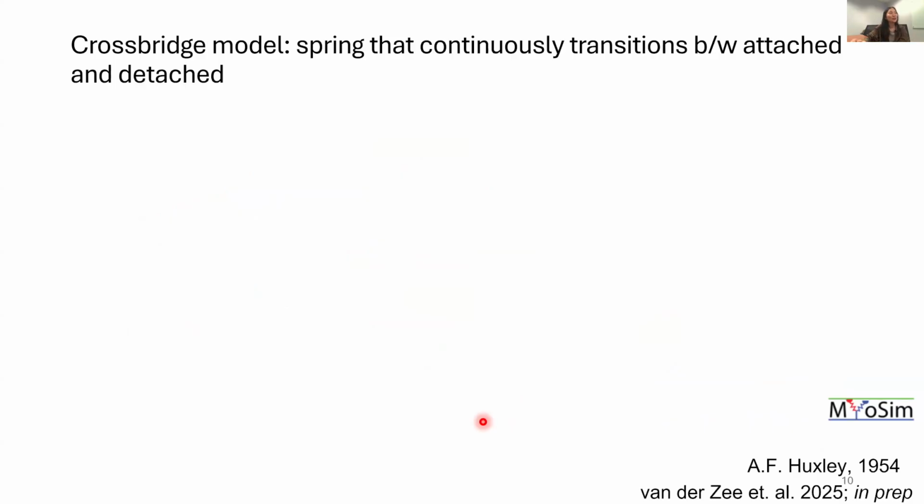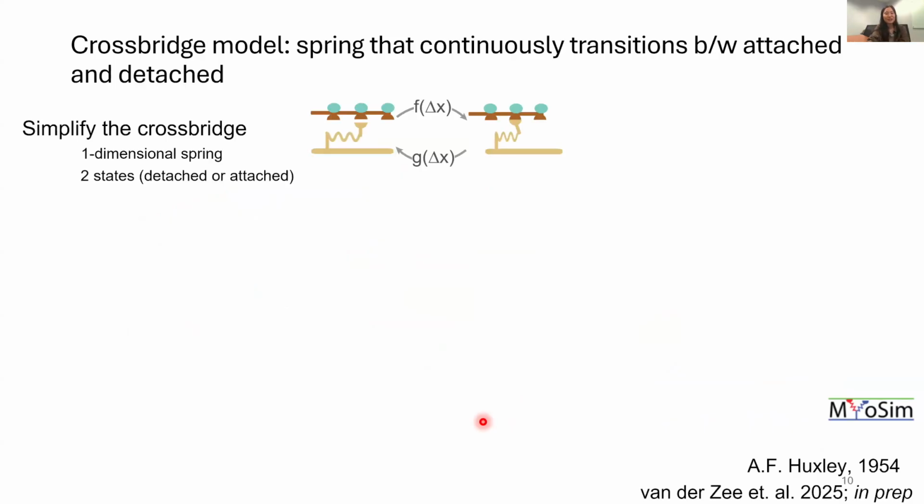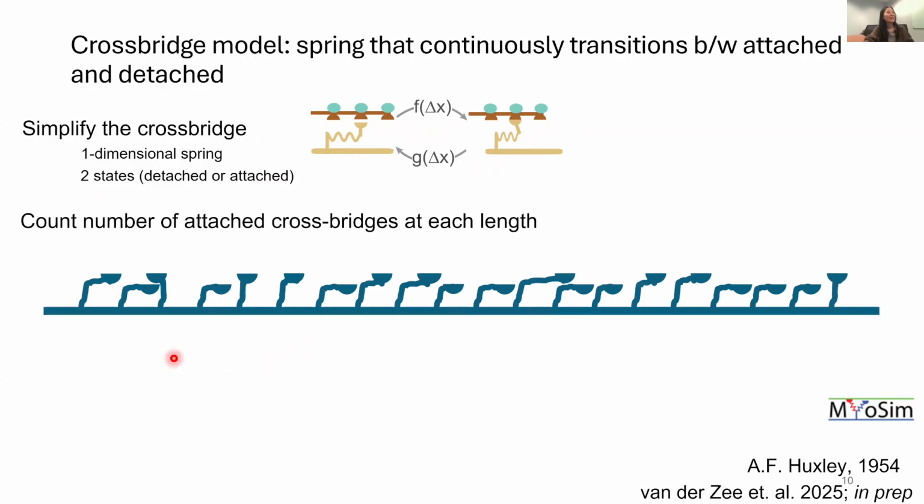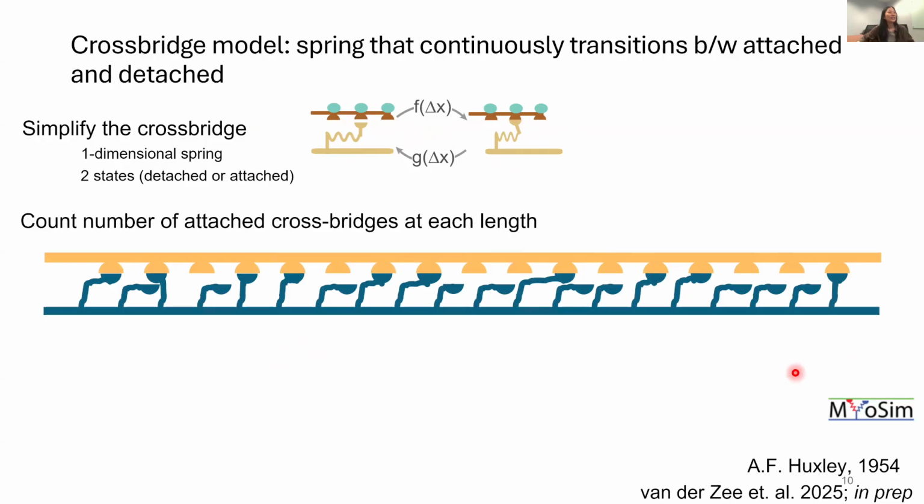So how do we model cross-bridges? We will simplify it and say that a cross-bridge is basically a spring that can pull those two filaments. Let's start with the simplest version where there are two states. They can be either detached or attached like this. Within the muscle, there are so many actin and myosin available, and they are at different lengths, and some of them are attached and some of them are detached.